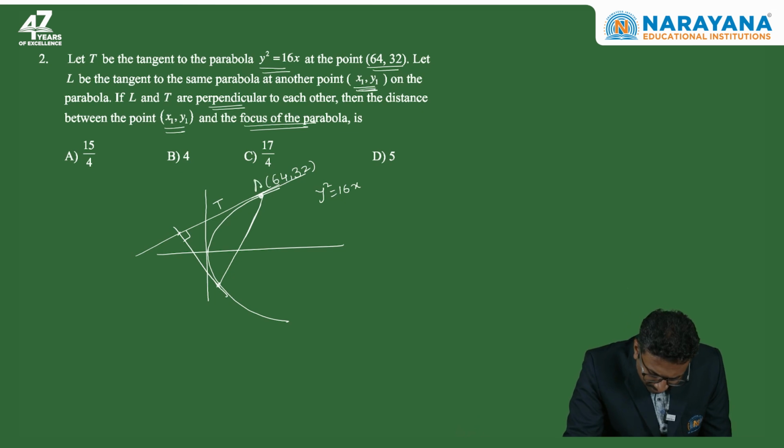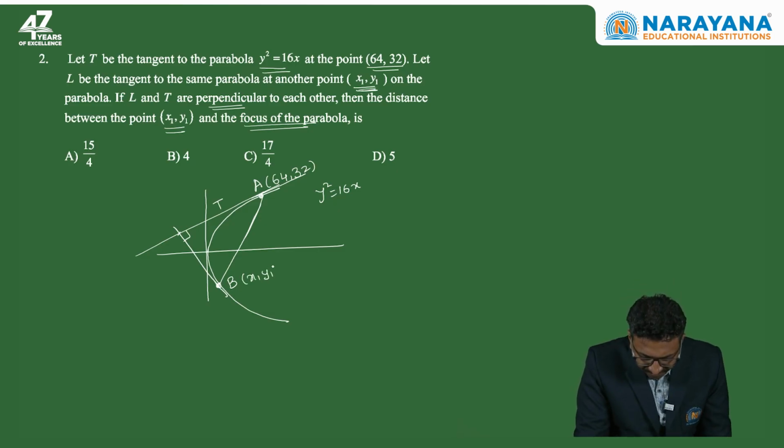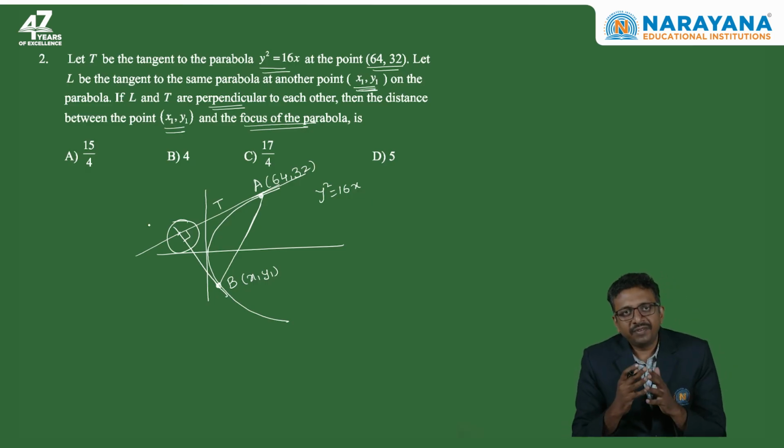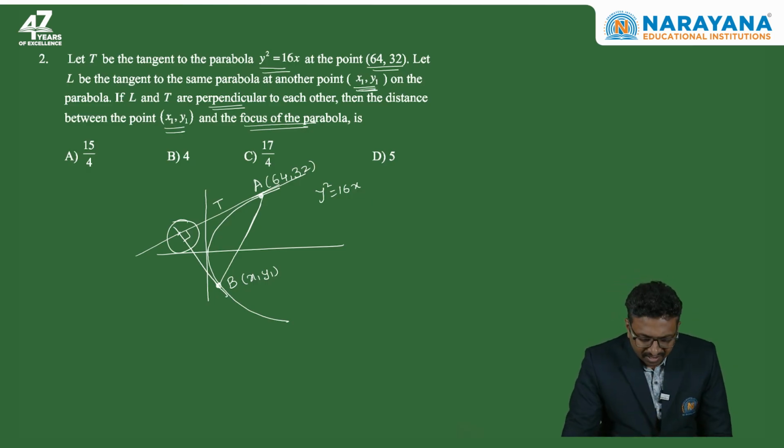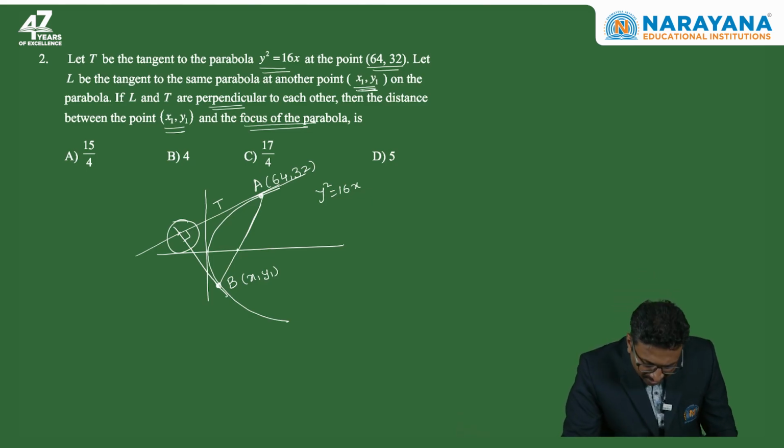So if you represent the first point as A, and the second point as B, which is (x1, y1). Because the angle between the tangents is 90 degrees, the endpoints A and B form a focal chord. That's the concept. So that means focus is somewhere on this.